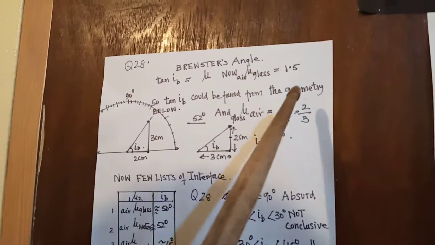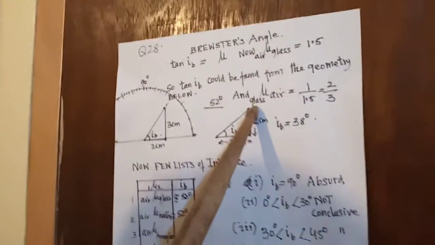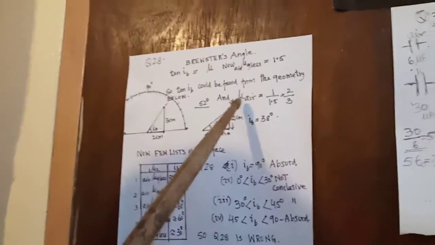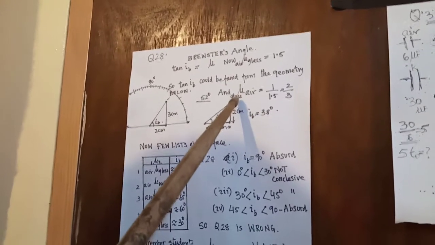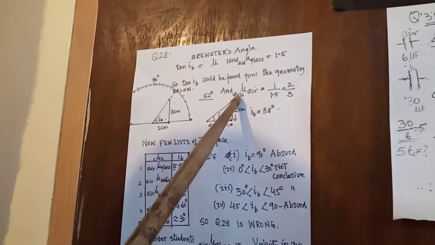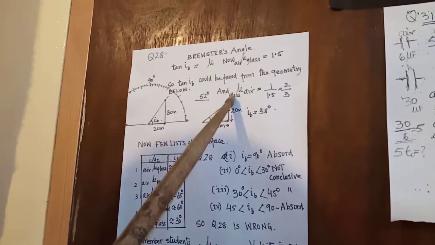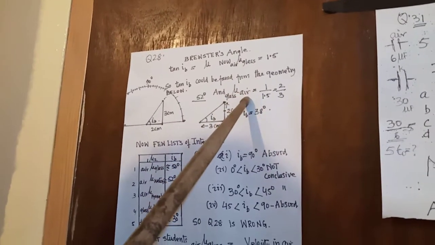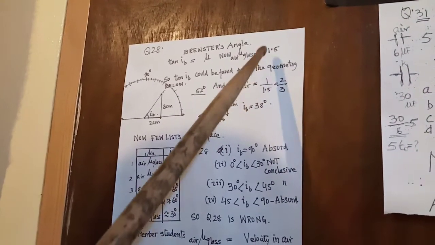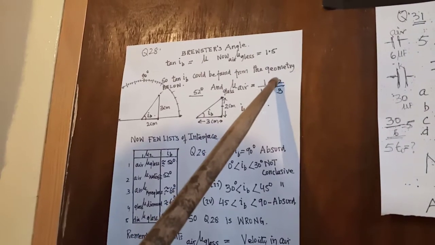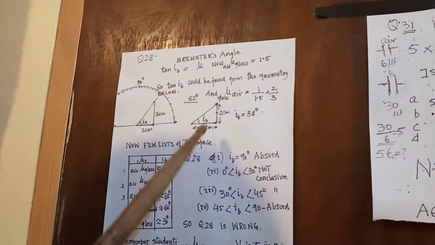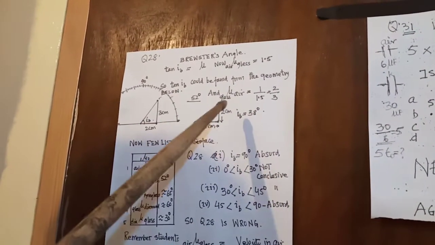Suppose now I change it from air to glass. So now the velocity in glass divided by velocity in air will be just the reciprocal of 1.5. It is 2 by 3. Now, some idea of tangent.